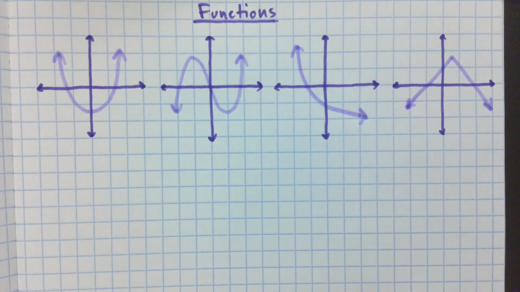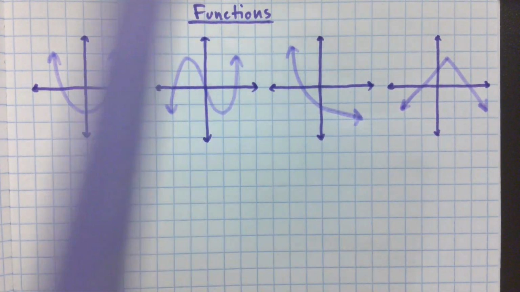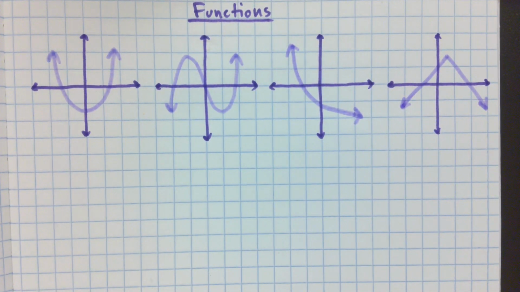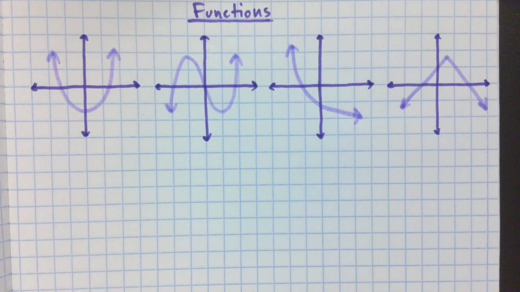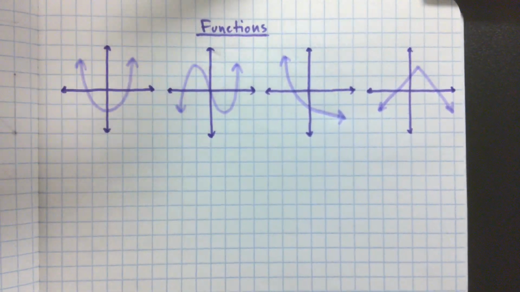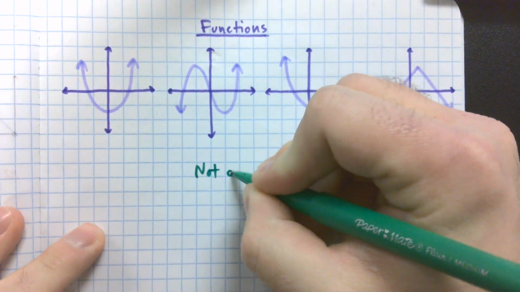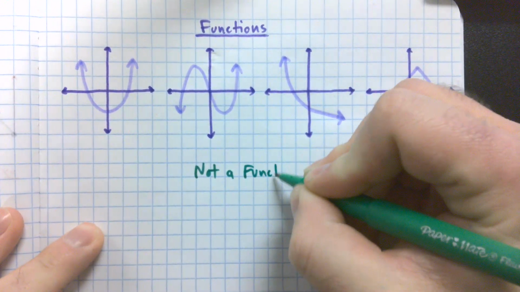What we do need to know is that anything that looks like this is a function. Simple enough, right? Let's take a look at what non-functions will look like, because this is where it might get a little bit tricky. Not a function.